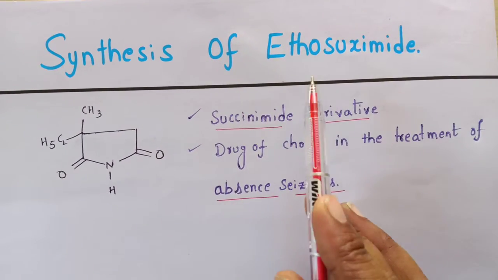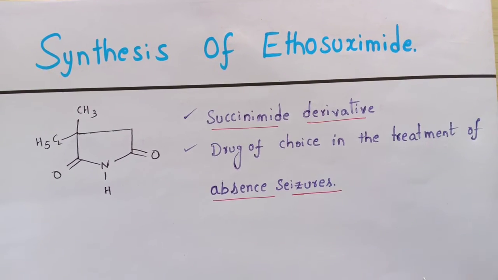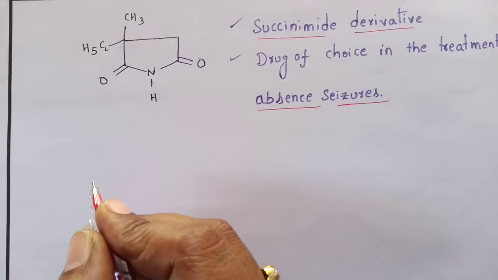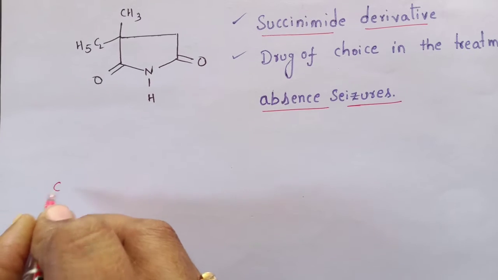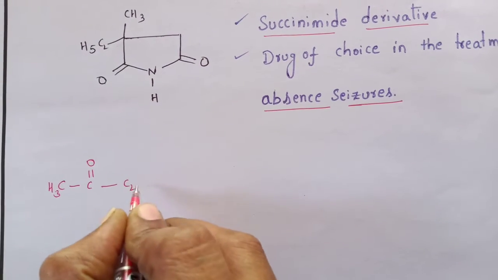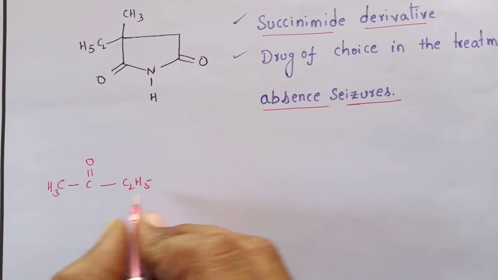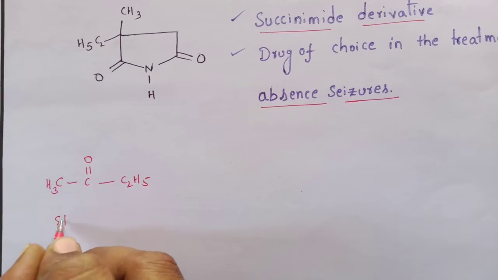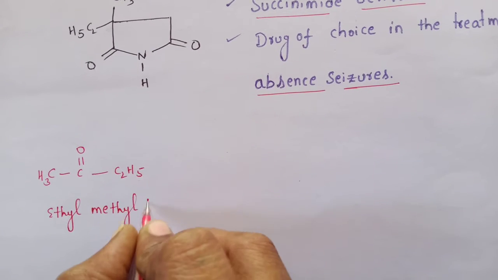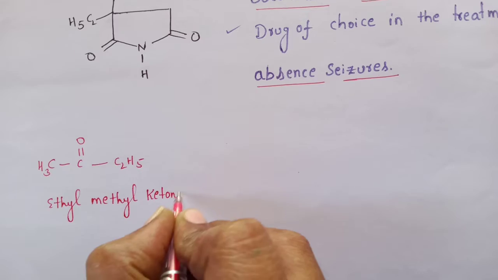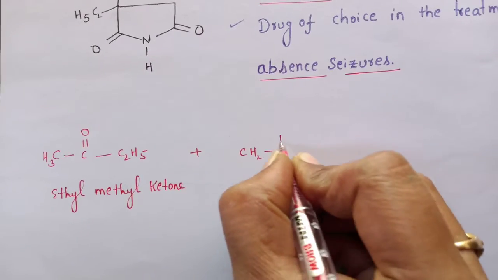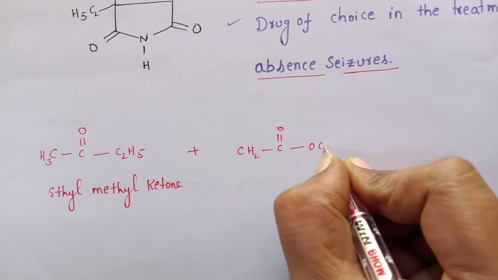So what are the starting materials used for the synthesis of ethosuximide? The first starting material is ethyl methyl ketone. It reacts with another material, ethyl cyanoacetate.